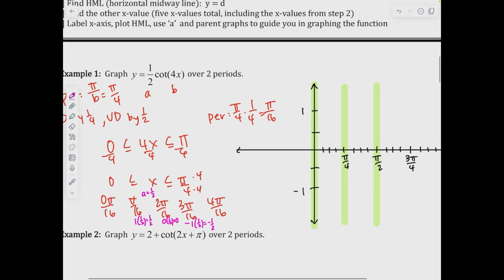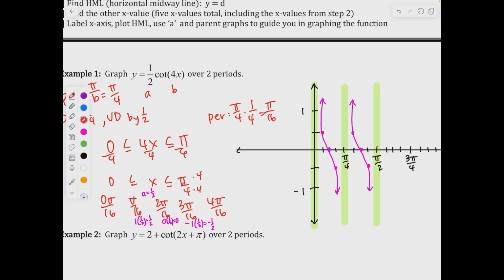So at 1 pi over 16, I'm at 1/2, at 2 pi over 16, I'm at 0, at 3 pi over 16, I'm at -1/2. So there is one period length of my cotangent, and then it can cycle itself all over again. There's my second period, and I am done.